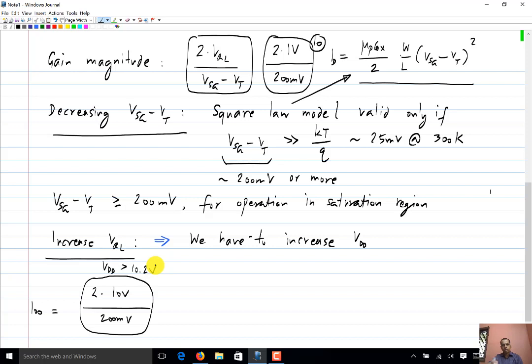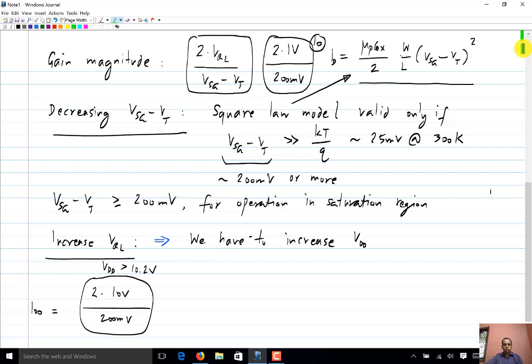So let's say we are limited to a modest supply voltage of about 5 volts. Then we can see that the gain that we can get is not more than 10 or 20. It's harder to get gains more than that.